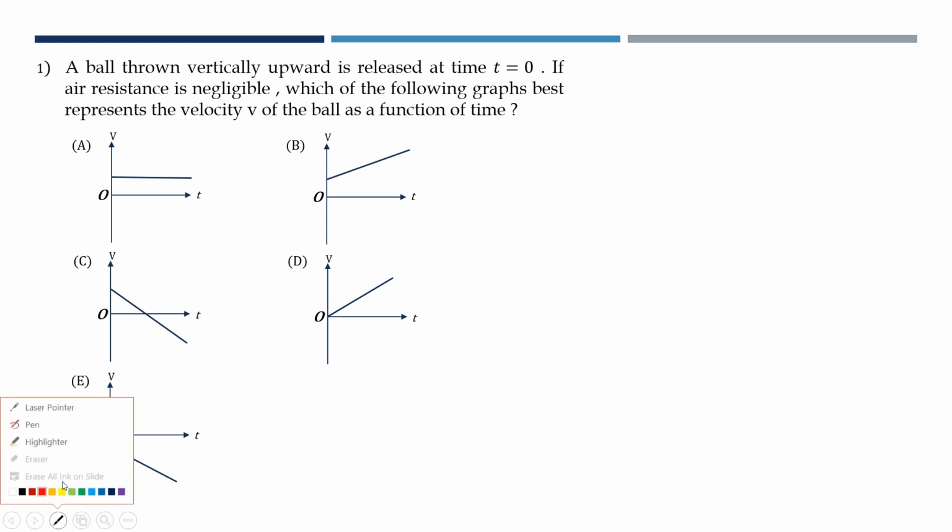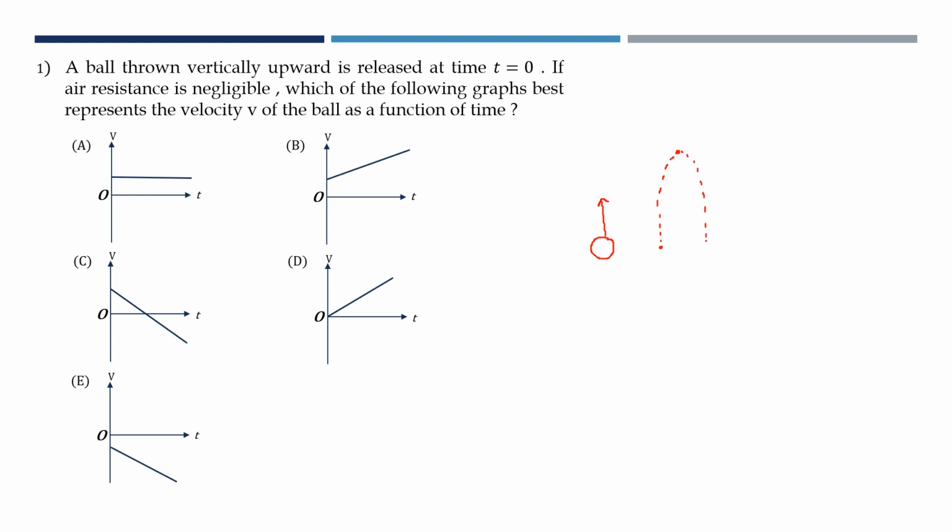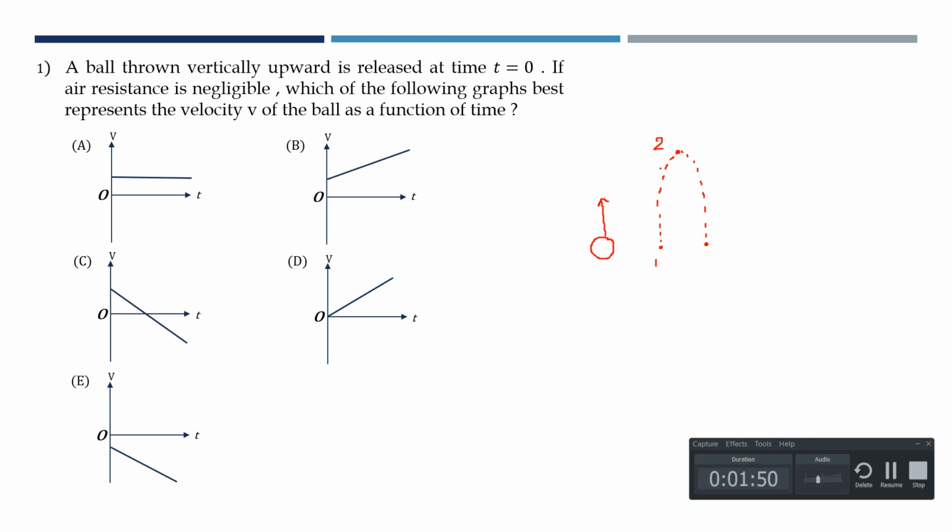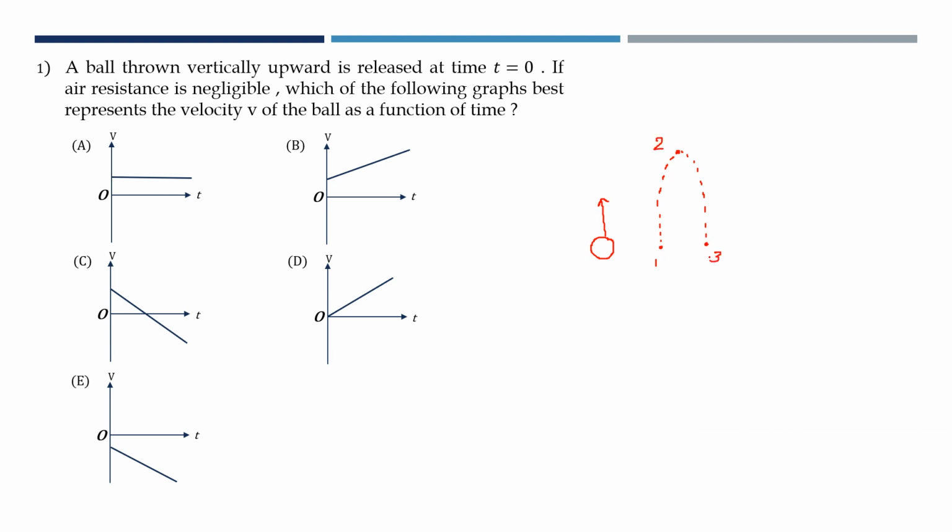Now, when we have a ball that is vertically thrown upward, it moved like this. Let's call this point number 1, and let's call this point number 2, and this point number 3. We have a gravitational acceleration which is 10 meters per second squared, acting always downwards.